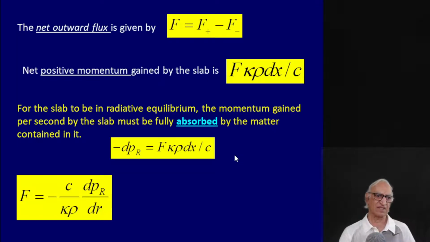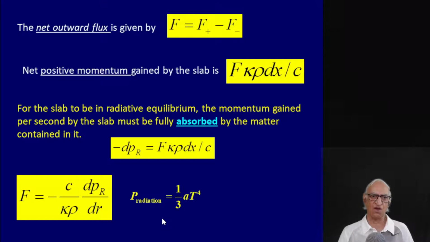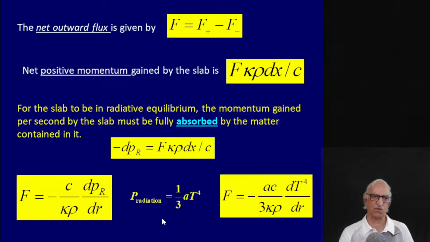So that formula can be rewritten by solving for the net outward flux F. Therefore, the net outward flux from the star is minus c over kappa rho multiplied by dP_r by dr, where P_r is the pressure of radiation, and the pressure of radiation is to be calculated according to Stefan's law, 1/3 a T to the power 4.